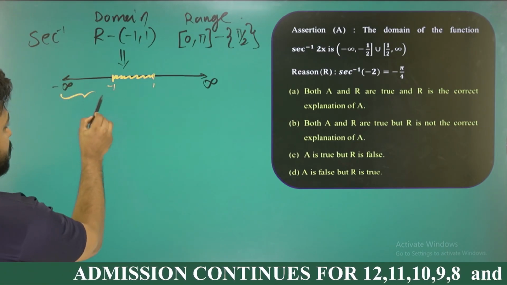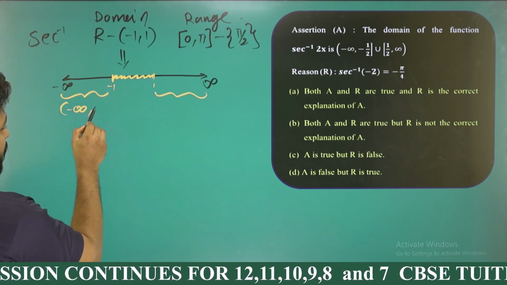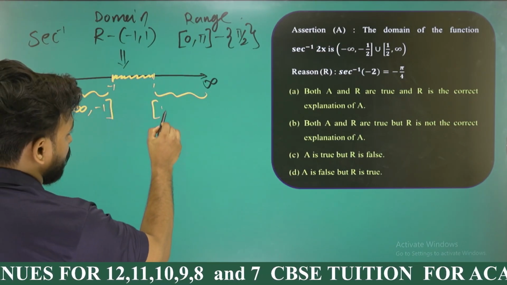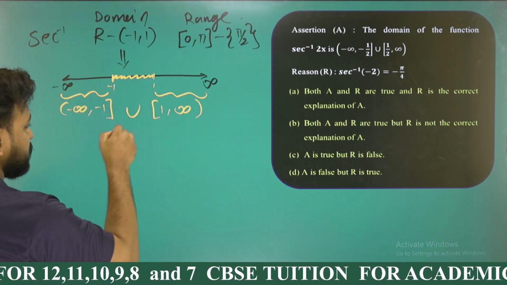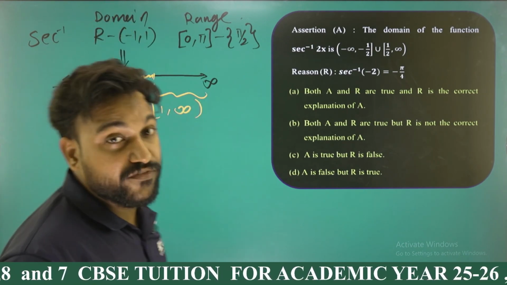So we can consider this part and this part. This part is minus infinity to minus 1, minus 1 is included in the domain, and 1 to infinity. So union of this. Actually, this is the expanded version of the domain of sec inverse.